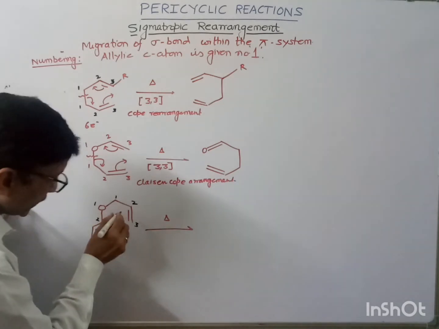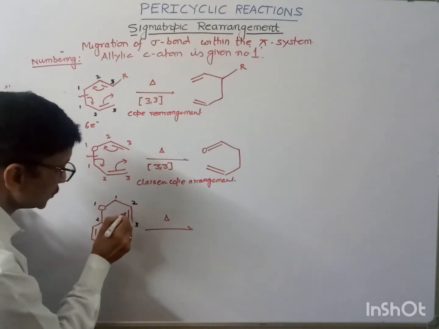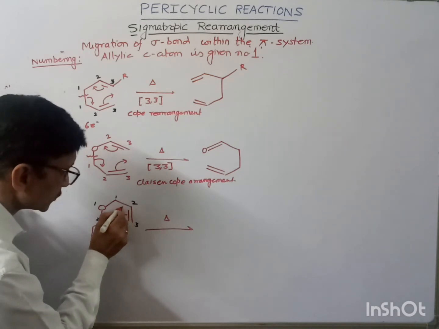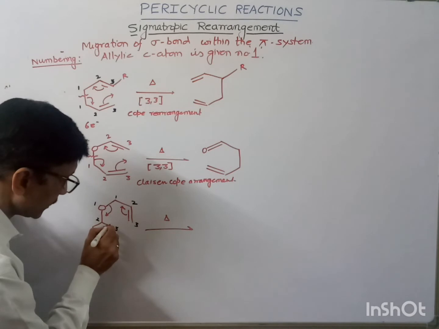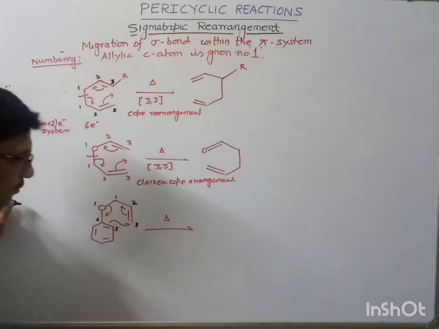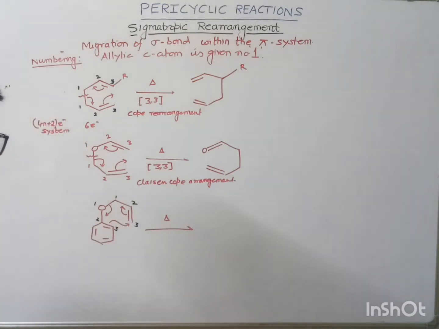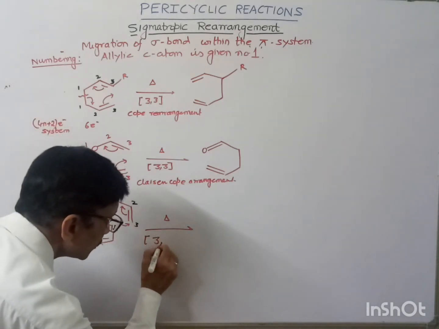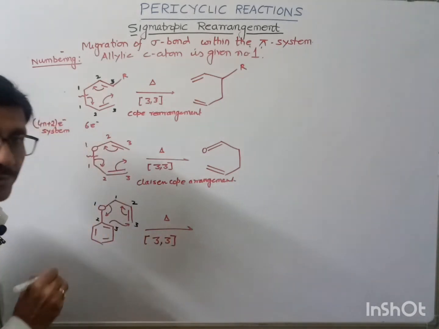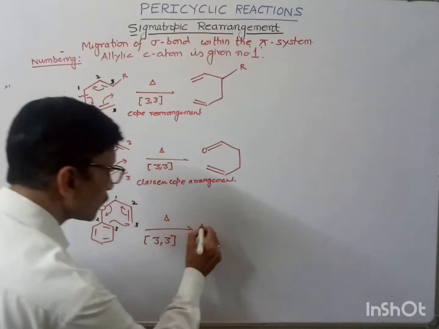Now again, as it is given energy, the cyclic shift of electrons will start, the 1-1 bond will break, and here a new 3-3 bond is formed. So this is an example of a 3-3 sigmatropic rearrangement reaction. So what is formed over here?